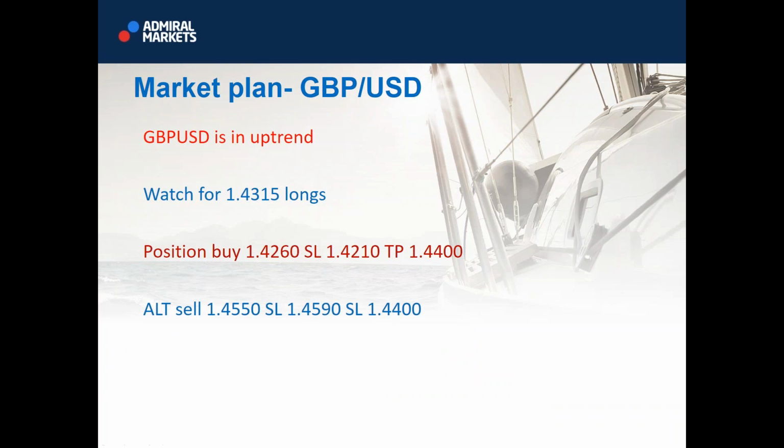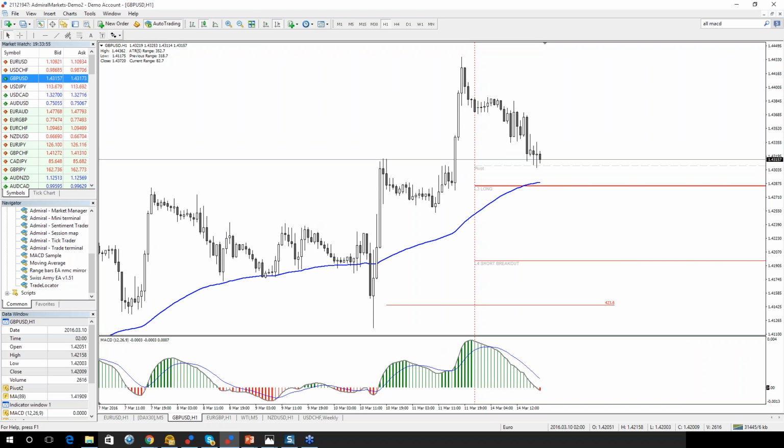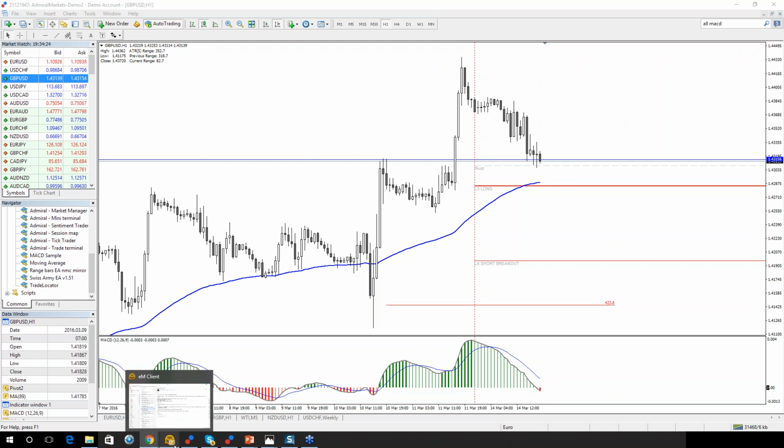Pound dollar is in an uptrend. There are possibilities for 43.50 longs straight from these levels where pound dollar is now. As I say, there are possibilities. But it's end of day now, and maybe scalp only. Yet again, we might see some rejections of the zone. It's also what my analysis said today, so you can always watch the full analysis here.